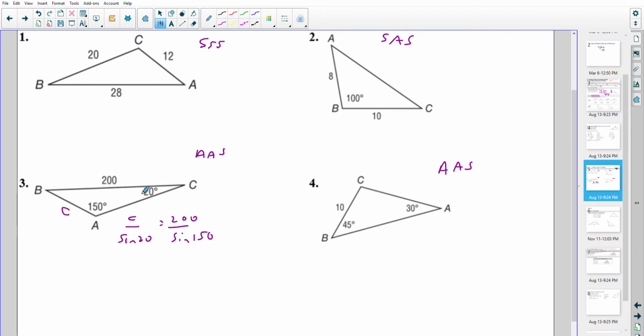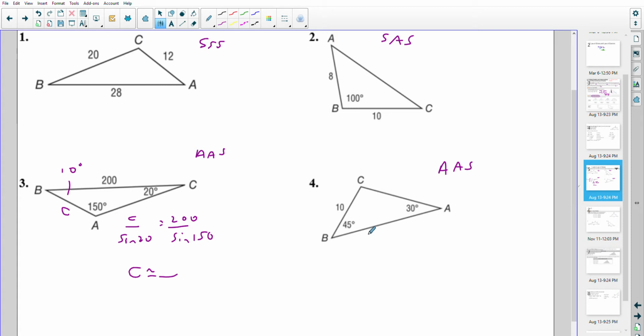You're going opposite pairs, side and angle: the sine of the angle, side and the sine of the opposite angle. At this point, you would cross multiply and solve for c, and therefore you could get the third side as well. This would be 180 minus 170, which is 10 degrees.